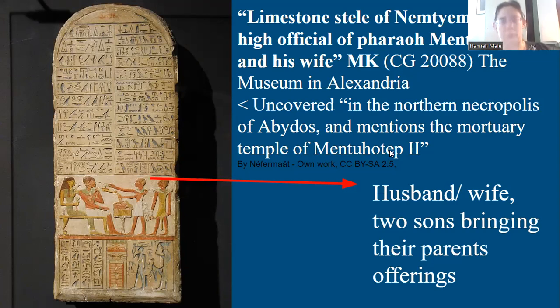A mortuary temple was a temple where offerings were brought to the deceased spirit of Egypt's monarchs. So the husband may have been an official within that mortuary temple or something like that in life, but I'm not 100% sure about that.